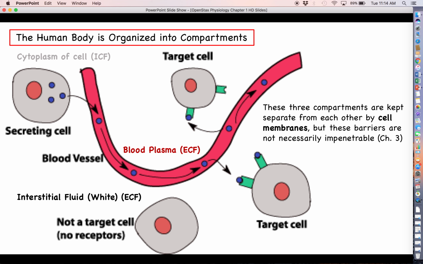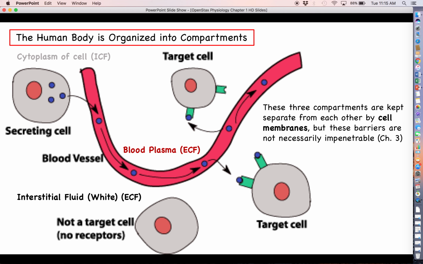But the thing for you to appreciate right now is that what we're seeing here is that some type of molecule in the process of this mechanism has gone from one compartment to another, to another, to another, and to another. And in order for that to be true, we will need to eventually understand that the cell membrane that separates the intracellular and extracellular fluids from one another is not necessarily an impenetrable barrier.